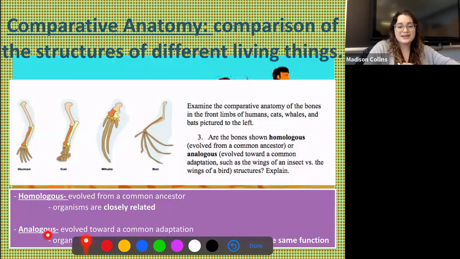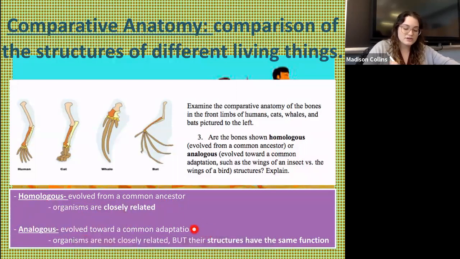But when we see this word analogous, analogous structures mean that they evolved towards a common adaptation. So this means that those organisms are not necessarily closely related, but their structures, and this is important, their structures have the same function. So I've given you guys one example of analogous structures, and that means that they've evolved towards a common adaptation, like the wings of an insect and the wings of a bird, right?